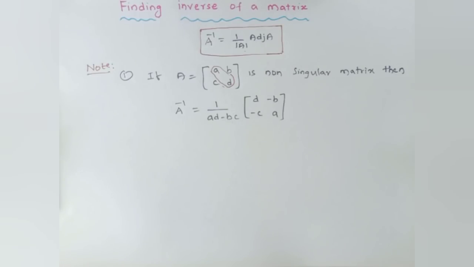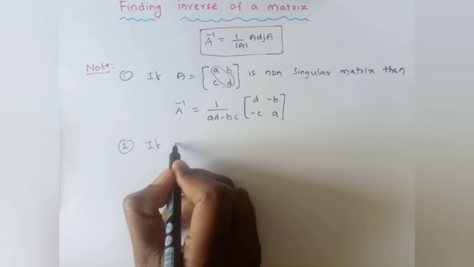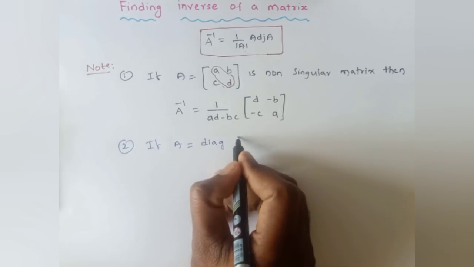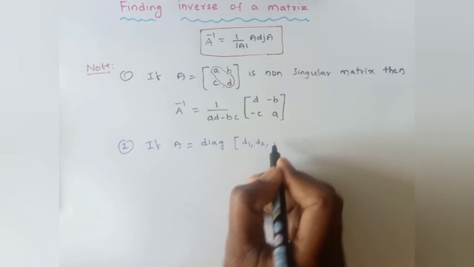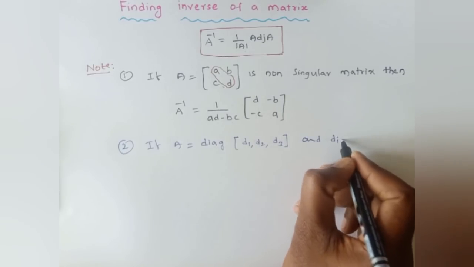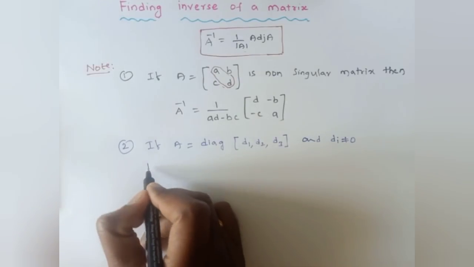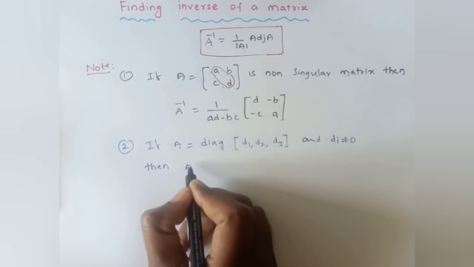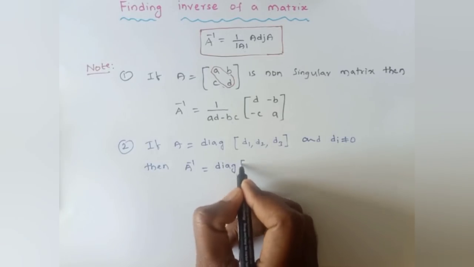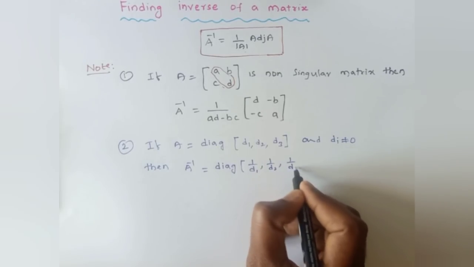And one more thing you can write: if A is a diagonal matrix with diagonal elements D1, D2, D3, and the Di values are non-zero, meaning D1 non-zero, D2 non-zero, and D3 non-zero, then the inverse of this diagonal matrix is the diagonal of 1 by D1, 1 by D2, 1 by D3.